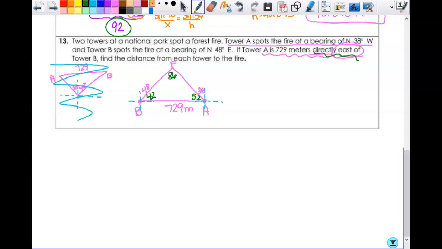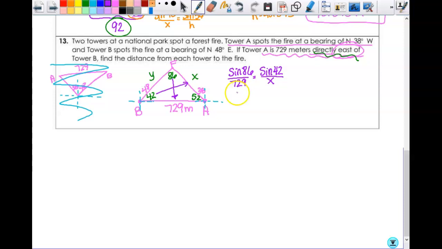Okay, so I'm going to call one of these X and one of them Y. So to find this one, 42 goes with X, and 86 goes with 729, so it can be the law of sines. Sine of 86 over 729 is equal to the sine of 42 over X.